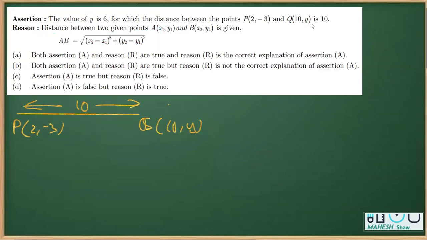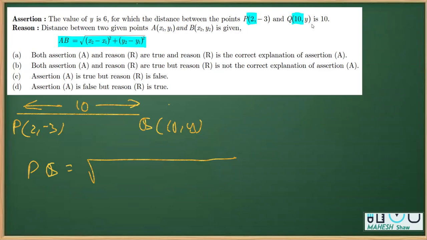Now, as I said, we are going to use this distance formula here. Instead of AB, we are going to write PQ here. So PQ, applying the distance formula, is the square root of (x2 minus x1) whole square, taking this as x2 and this as x1, plus (y2 minus y1) whole square, that is y minus minus 3, which is y plus 3 whole square. Now I'm writing the value of PQ as 10, as mentioned in the question.